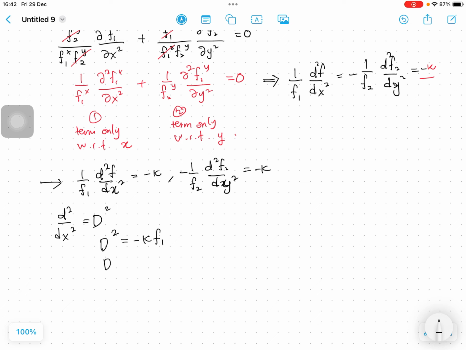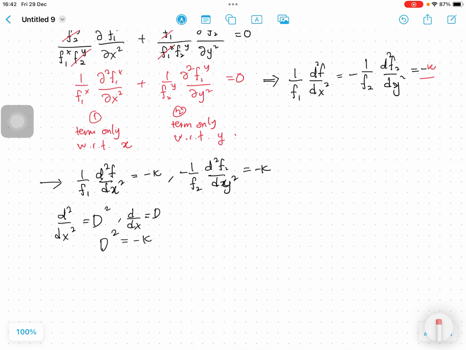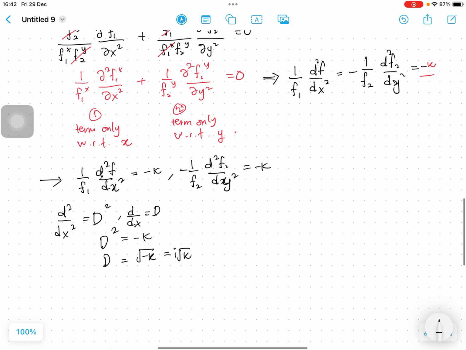Since f1 cancels, your D is the square root of minus k. We've done this in class, right? So this is i square root of k, a complex root.